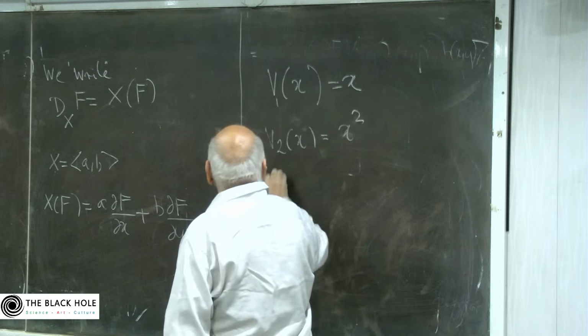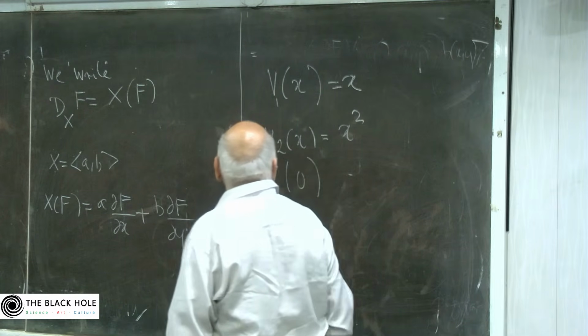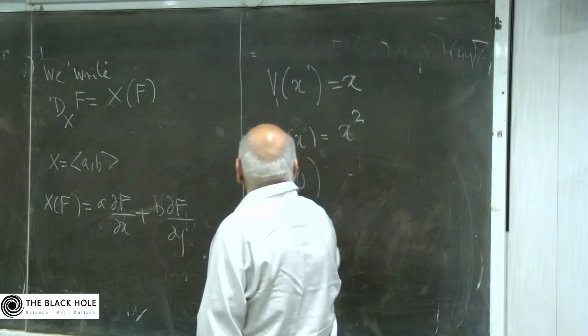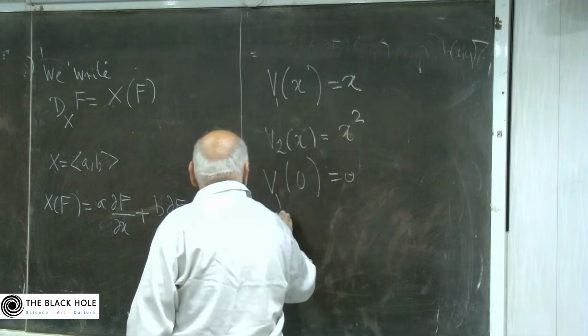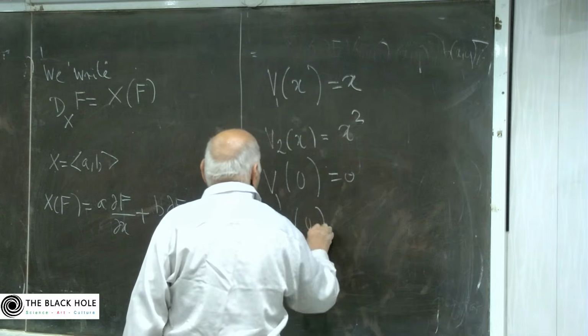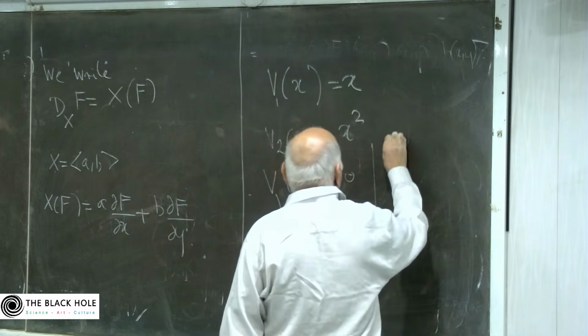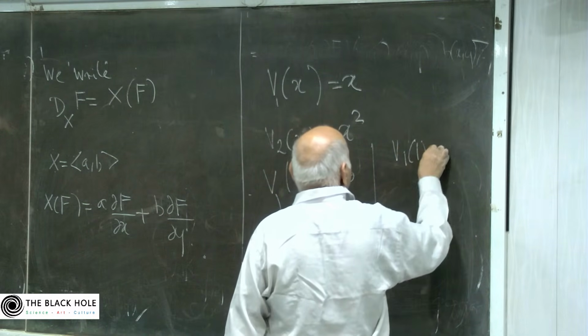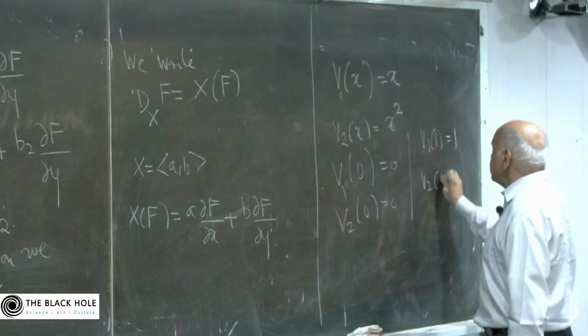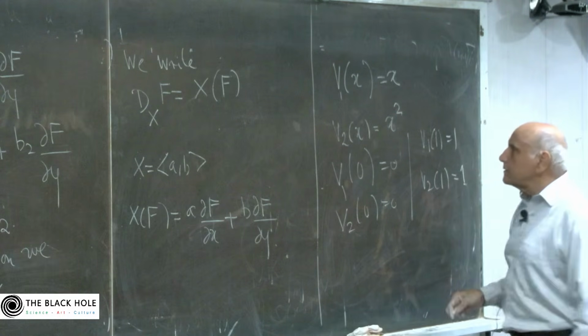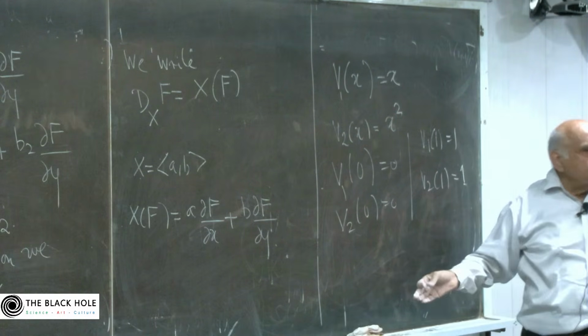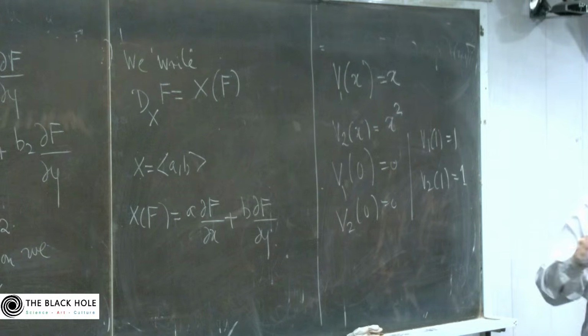Of course, V1 of 0 is 0, V2 at 0 is 0, V1 of 1 is 1, V2 of 1 is 1. But of course, these two are different vector fields. At one point, they may of course be equal.